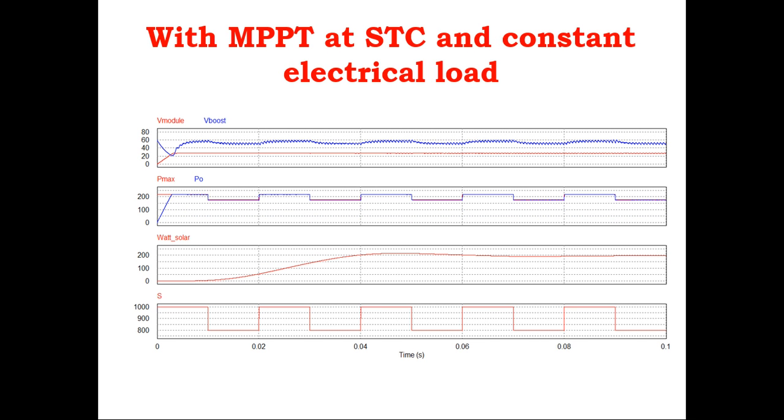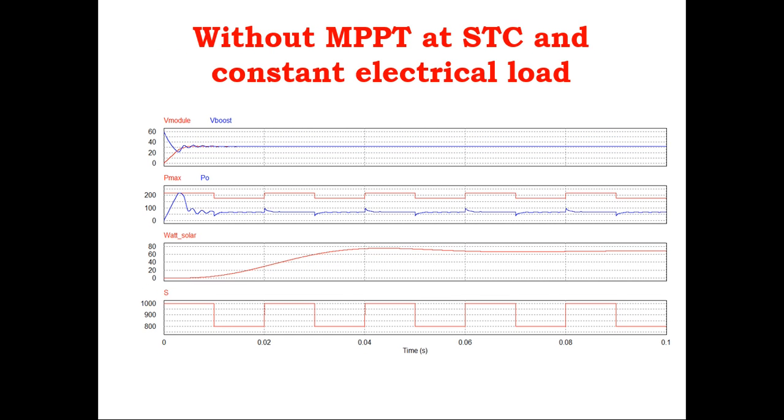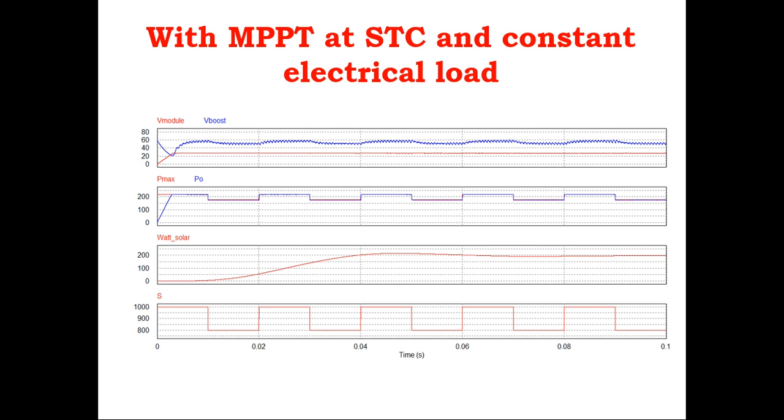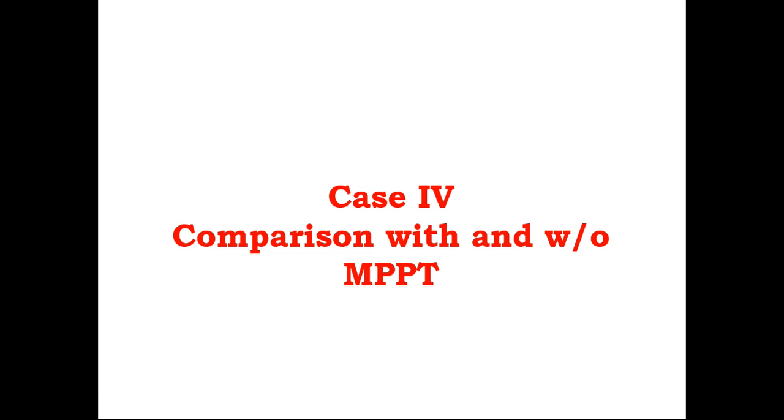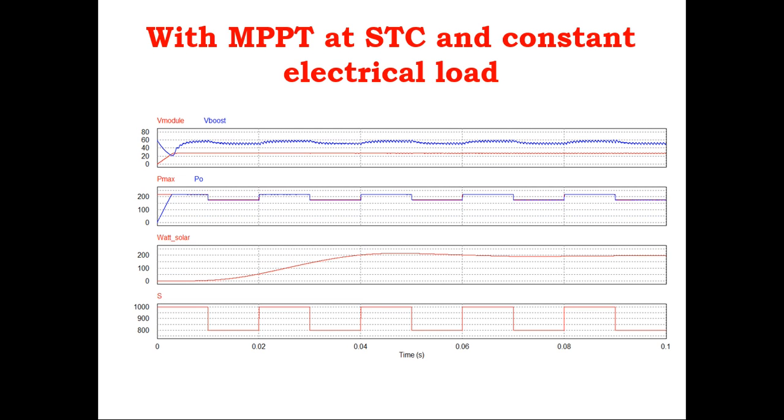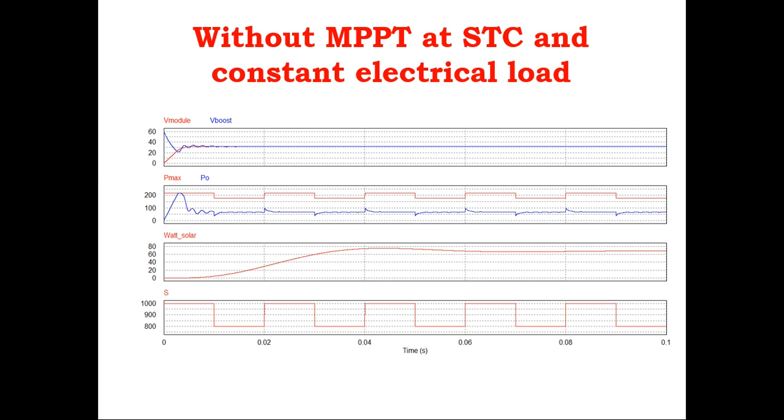If you use MPPT again, see, the power output has been tracked, and you get a significant amount of power. Over here some of the power is already drawn by the load, but in terms of efficiency we are not getting that maximum power point. That's what we discussed earlier.